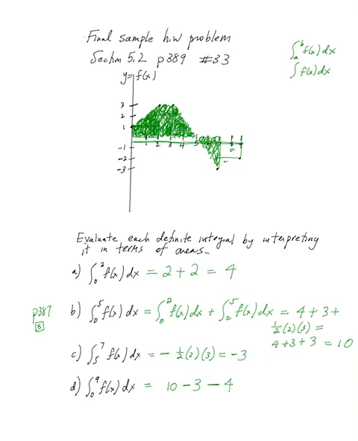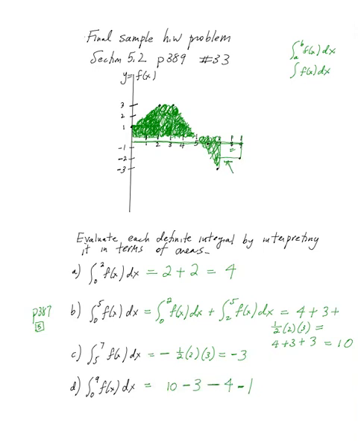What's its area? 1/2 base times height. Well, the base is 2. The height is 1. 1/2 times 2 times 1 is just 1. So I subtract away 1, because the area of that triangle right here is 1.